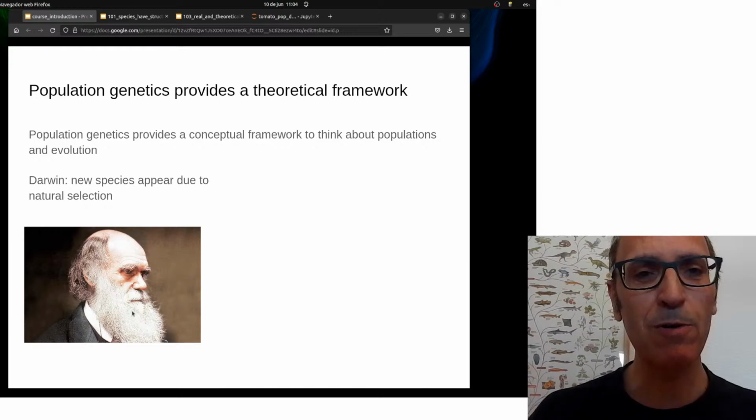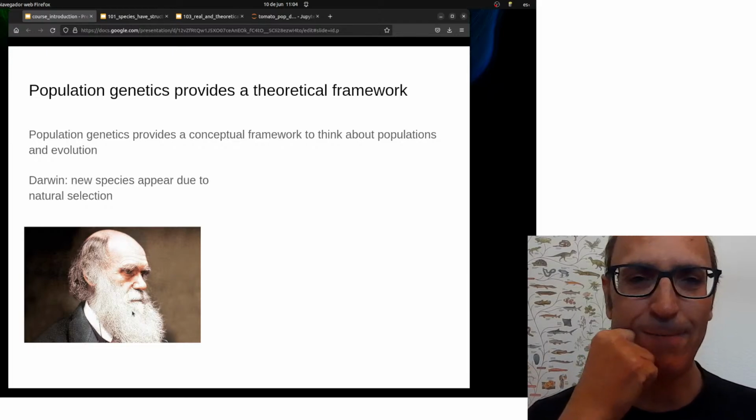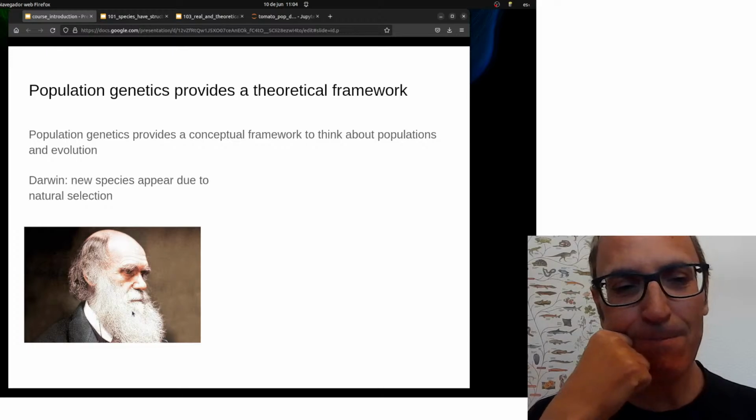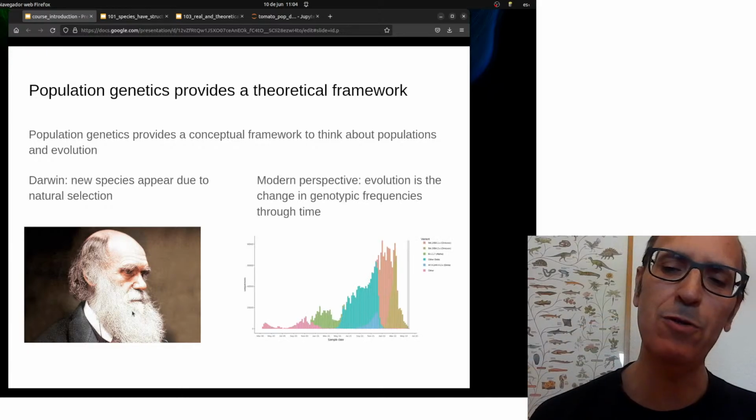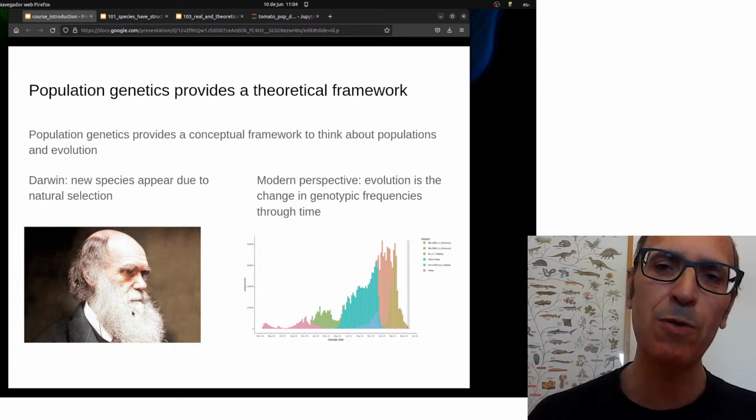when we talk about evolution, we always think about Darwin, and how new species, according to Darwin, appear by natural selection, and that is true. But the thing is that modern approaches to evolution are mainly due to population genetics. Usually, when we talk now about evolution, we think about the change in allelic frequencies through time. As you see, this is a very different take on evolution.